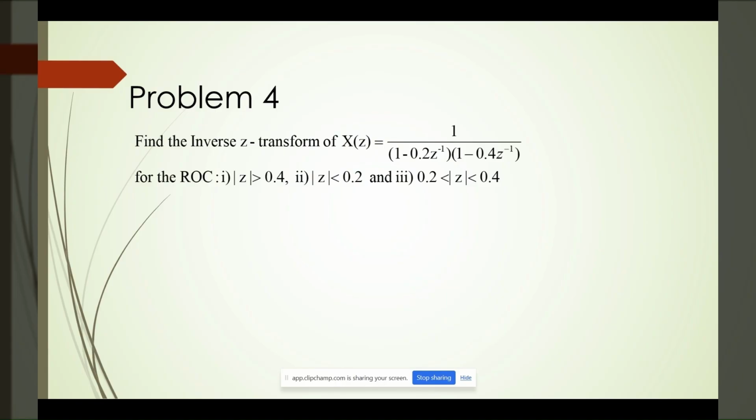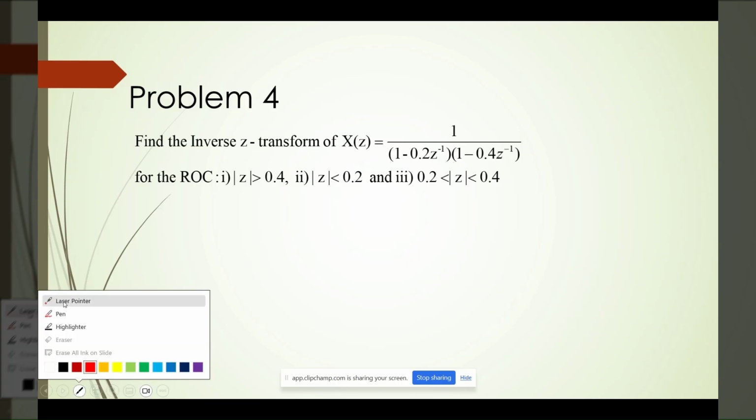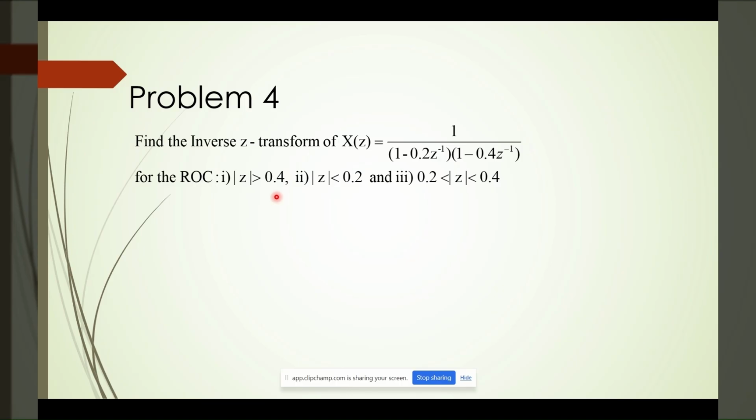Coming to the problem, it requires three conditions: |z| greater than 0.4, |z| less than 0.2, and |z| between 0.2 and 0.4. From the ROC itself, we can tell the type of sequence. If it is greater than some constant value, it is going to be a right hand sequence.